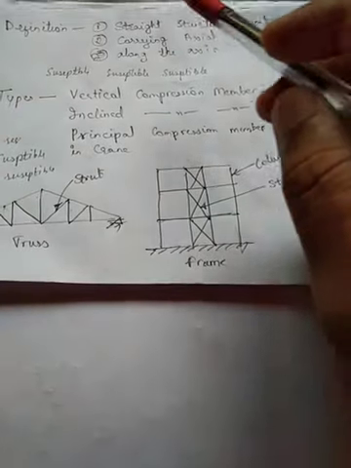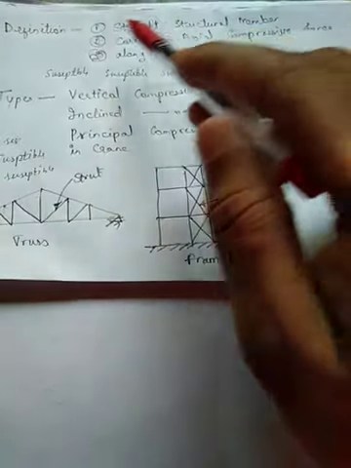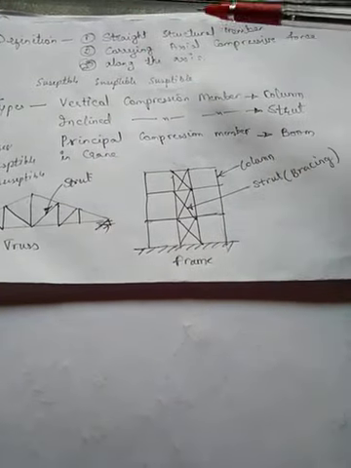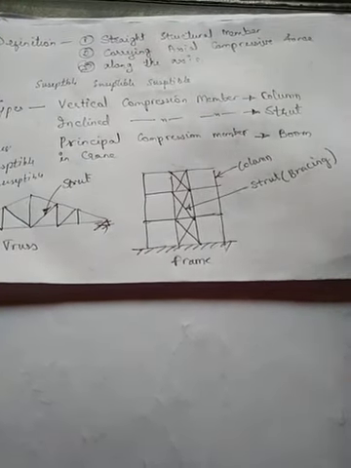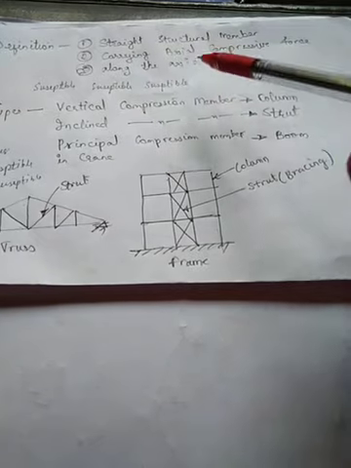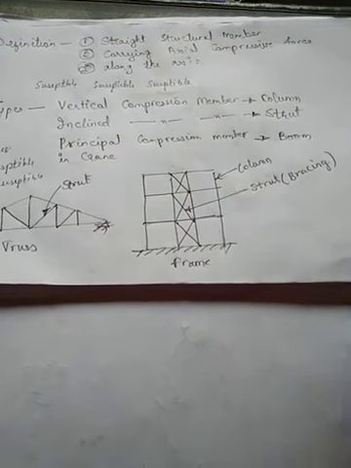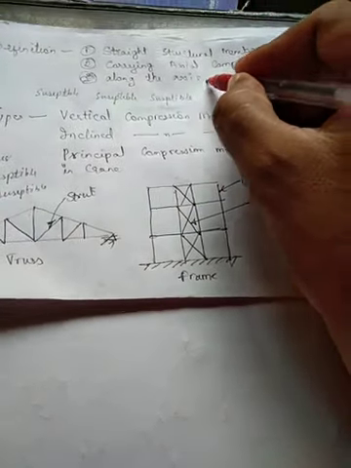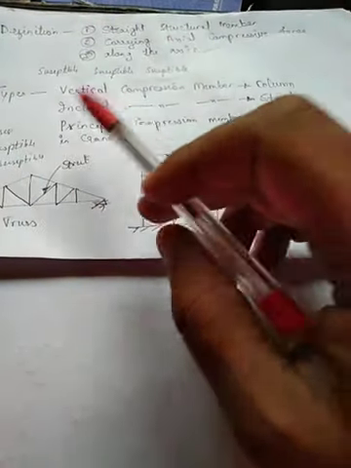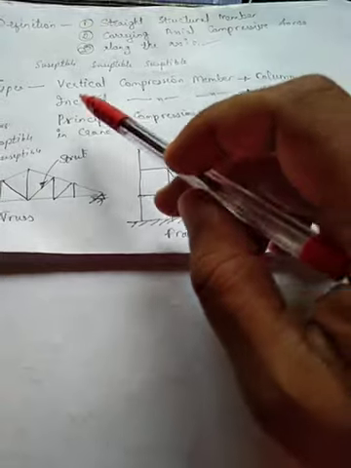Okay, so if you look into the definition of these compression members, it is a straight structural member which is carrying axial compressive force along the axis. So this is called as a compression member. Where do we find different types of compression members?